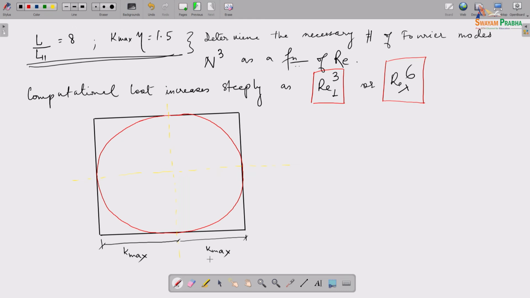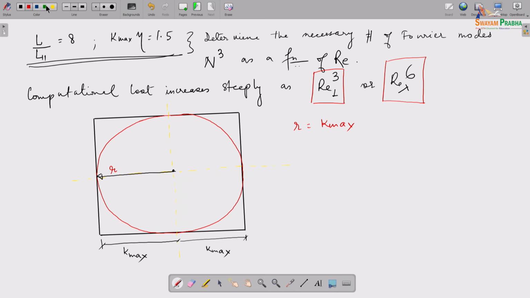You can see that this radius, this here is, let us just say, r. Here I am going to write it is equal to k max. You can see that.